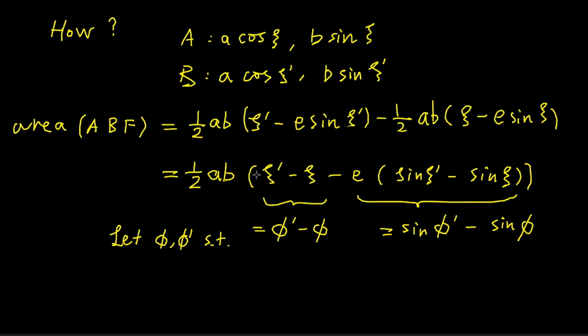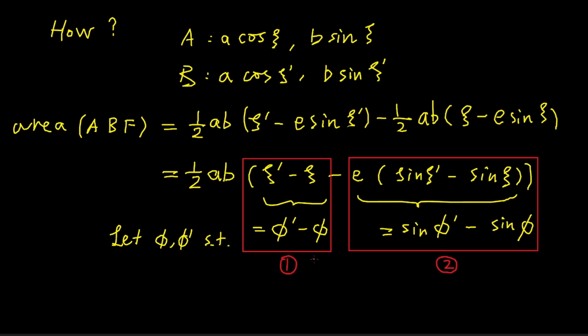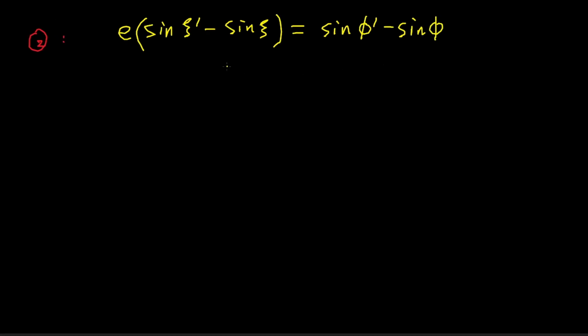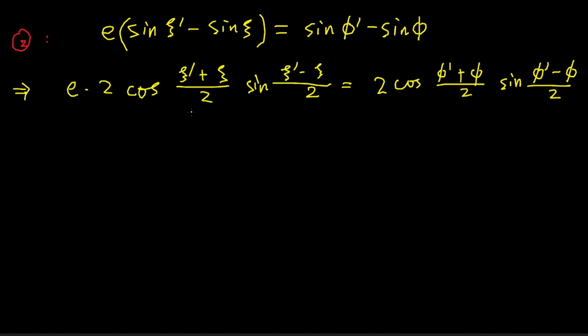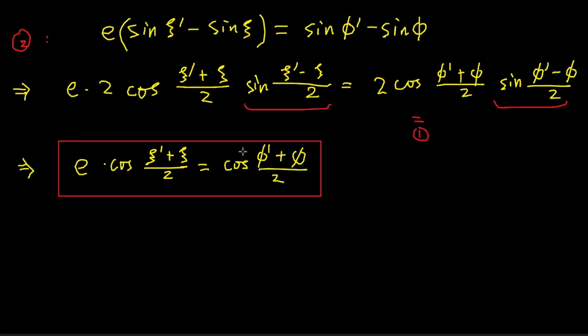To do so, we're going to use some trig identities. We label these two conditions as 1 and 2 respectively. Starting from the second condition, we're going to use a trig identity known as the difference to product formula. And this is what the result looks like. Notice that on both sides, the sine factor cancels because of condition 1. This will be useful for us later.